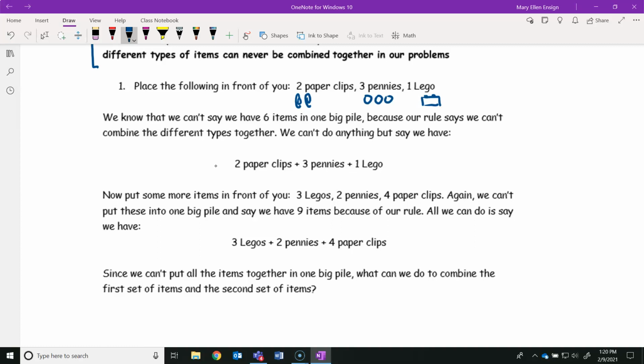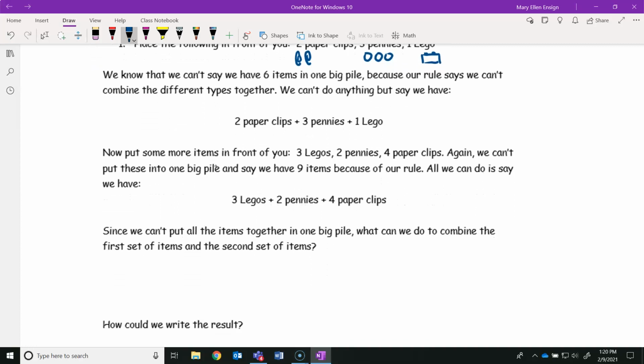So all I can say is that I have 2 paper clips plus 3 pennies plus 1 Lego. I'm going to write it again in another color so we can have these two next to each other: my 2 paper clips, my 3 pennies, and my 1 Lego brick.